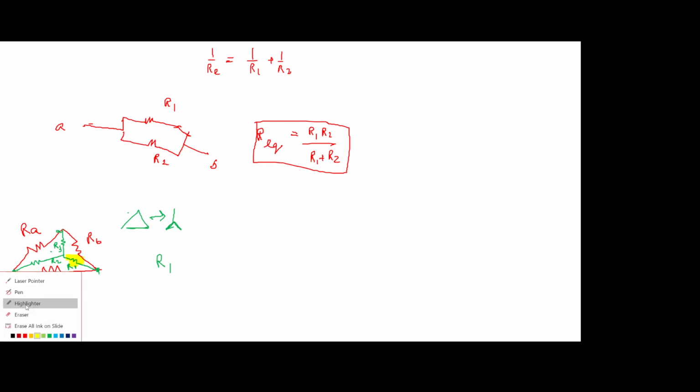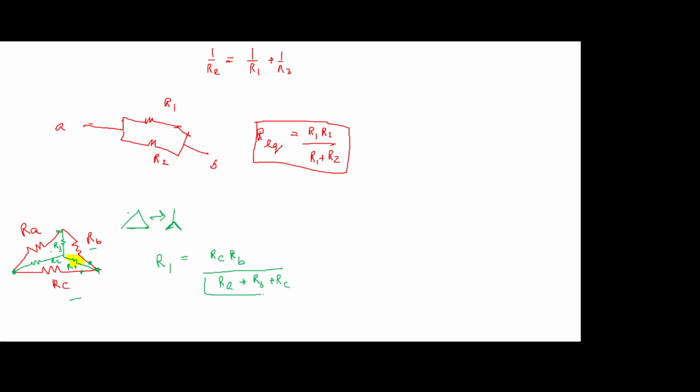For that, the trick is, from delta to star, it will be the multiplication of the two adjacent branches, that is RC RB. R1 is between RB and RC, so the multiplication of those two branches, and the summation of all the three branches, that is RA plus RB plus RC.